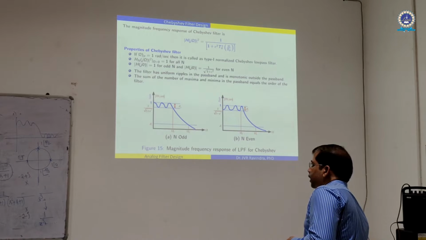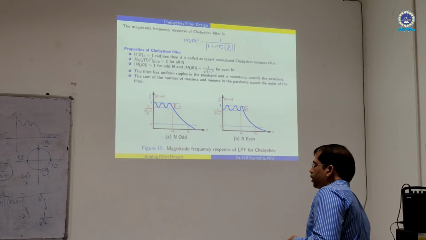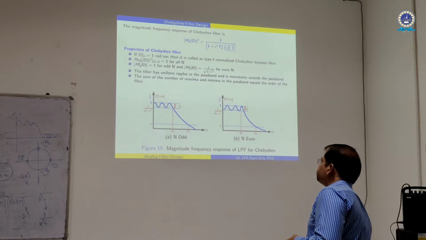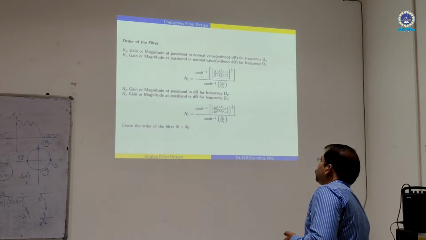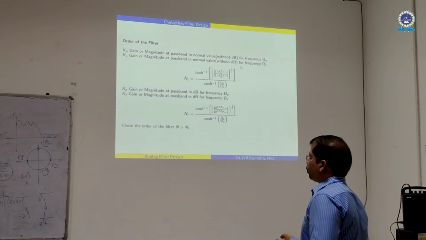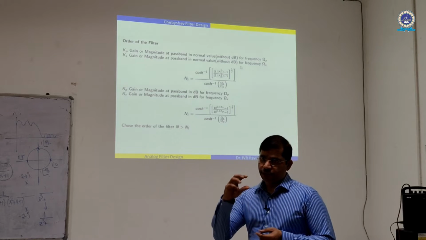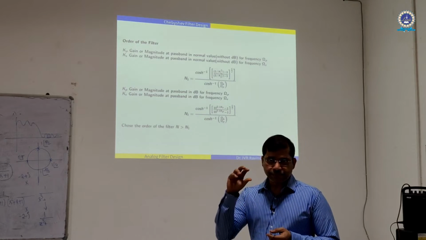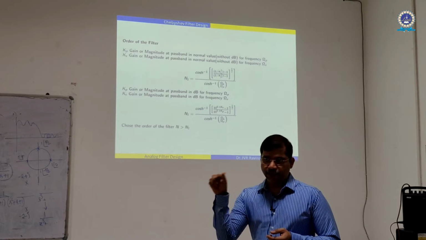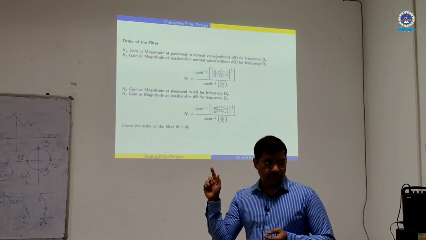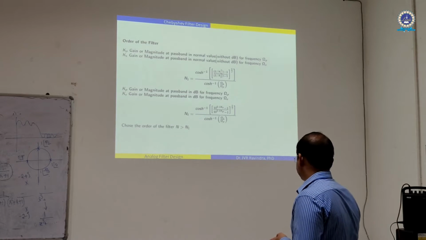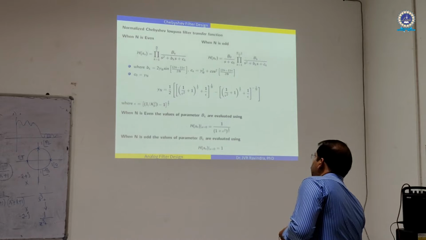He has also calculated the error value, which is nothing but 1 by under root of 1 plus epsilon square. He has approximated this with the cosh inverse hyperbolic functions, which is a better curve fitting than the square functions, which is nothing but 1 by 1 plus x square. That's what the Butterworth uses.